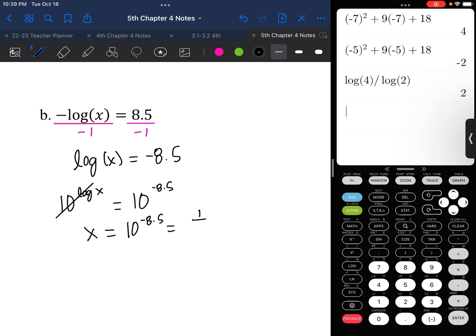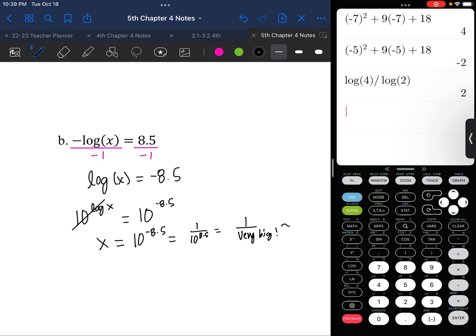Which is equal to 1 over 10 to the positive 8.5, which is equal to 1 over a very big number, which is approximately 0. So you can actually do this in a calculator, but realize that that's e negative 9. So that means you need to move your decimal point to the left 9 places.